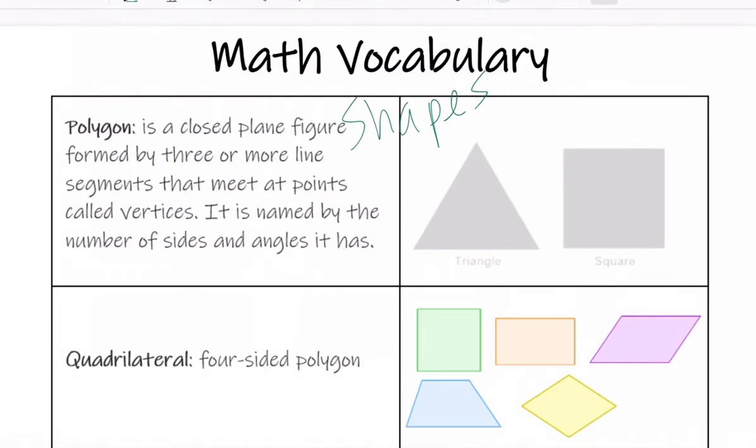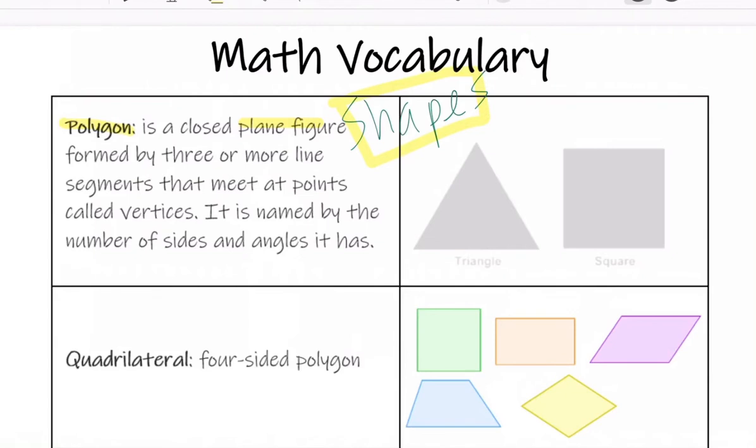But overall, that word that we're trying to look at is polygons. Anytime I'm talking about polygons, I'm talking about shapes, and I'm talking about closed plane figures. Now, plane figures is what the Moby Max assignment last week was called. And I know that's a lot of different vocabulary for the same thing, I know. But overall, you should know that it's shapes.